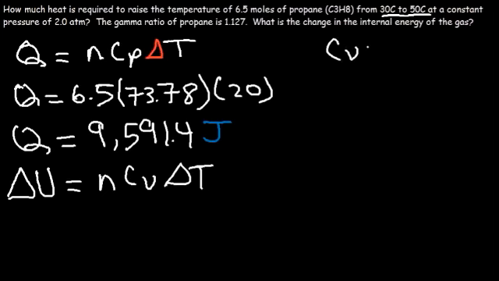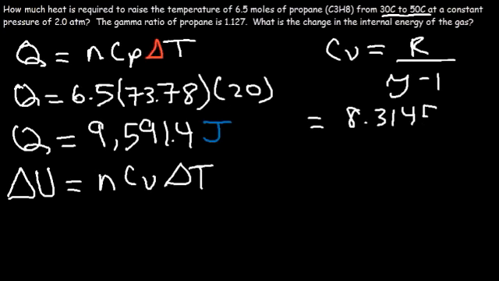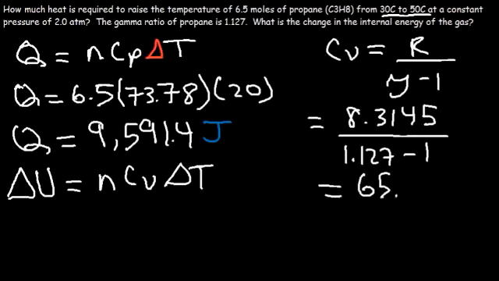And we know that Cv is equal to R divided by gamma minus 1. So that's 8.3145 divided by 1.127 minus 1. So 8.3145 divided by 0.127 is around 65.47.